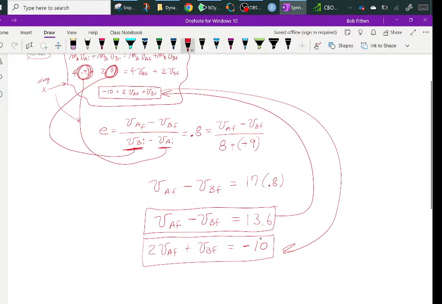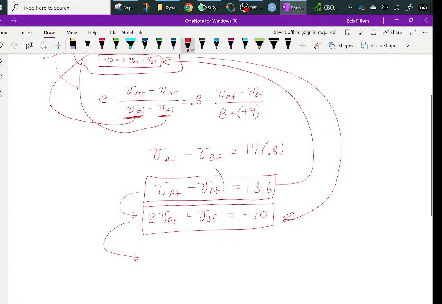You can add this equation to this one and get another equation. These two cancel each other out, so 3 VAF is equal to 13.6 minus 10, or 3.6.